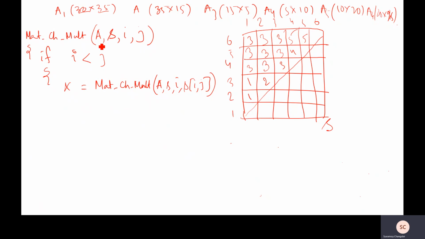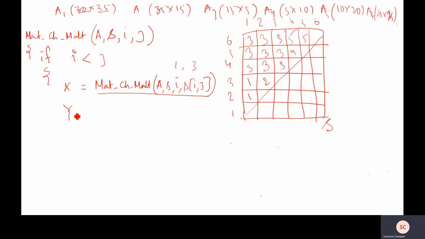So we will call the function with A, S, 1, 6. Here we are calling matrix chain multiplication with A, S, 1, S[1][6], that is 3. So this one will call the value A, S, 1 to 3, as I have discussed just previously.